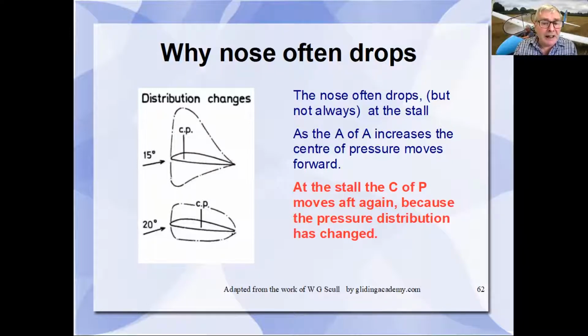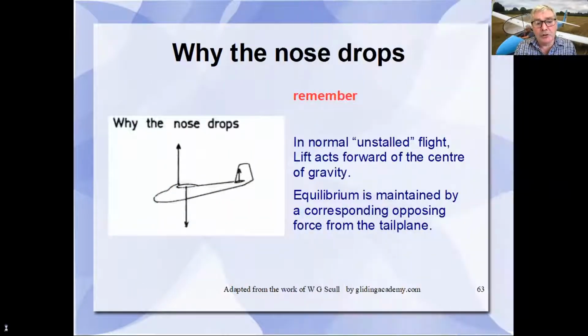As the angle of attack increases, the center of pressure, so the point that the lift is acting, moves steadily forward. And at the stall, this center of pressure moves back again. And it's this pressure distribution change which causes the nose to go down.